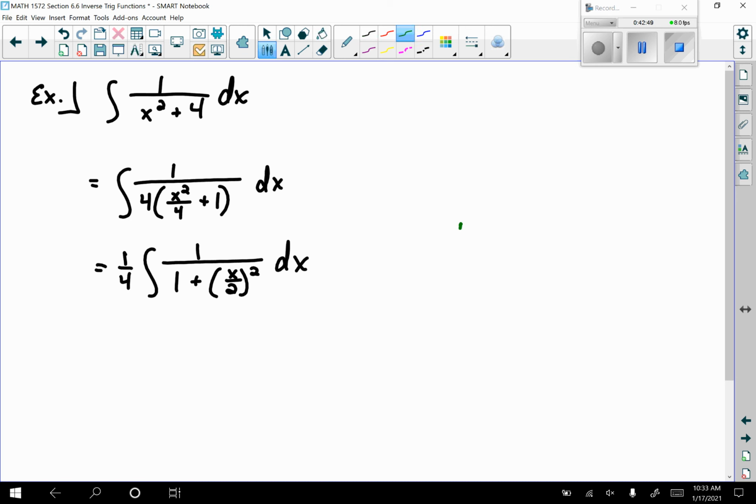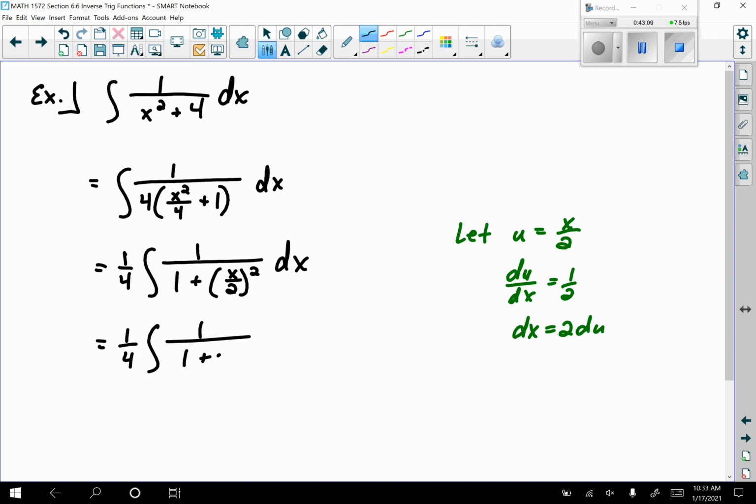And now I could let u equal x over 2, and then du over dx is just going to equal 1/2. So I'm going to multiply both sides by 2 here, so dx is going to equal 2 du. So now as I go to rewrite this, I'll get 1/4 the integral of 1 over 1 plus u squared times 2 du.